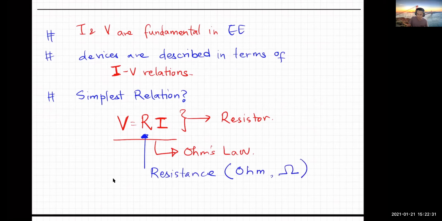Its symbol is this Greek capital omega symbol. Okay, so the circuit schematic symbol for a resistor is like this. What this relation is saying is that the potential drop across the resistor is directly proportional to the current flowing through it, and the constant of proportionality is the resistance value R. Okay, so that's Ohm's law for you.